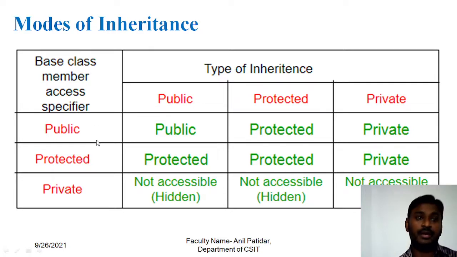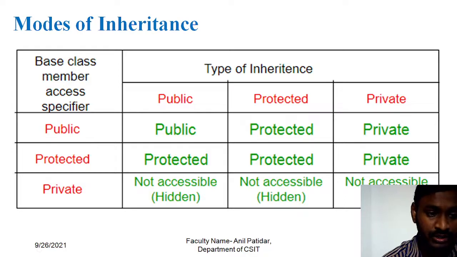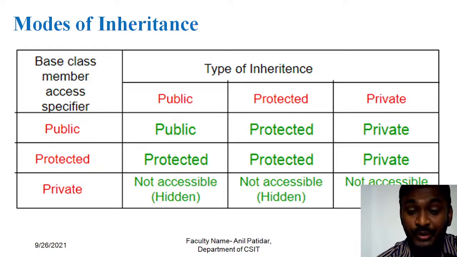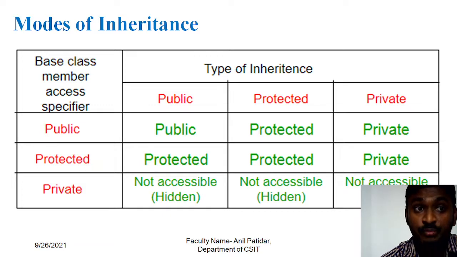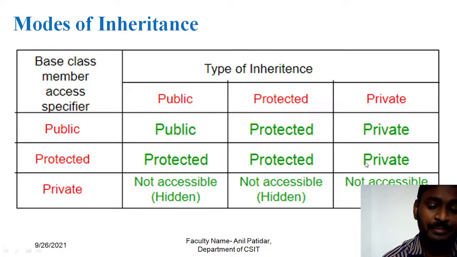Now come to the second type of mode, that is protected. If we derive a subclass from a protected base class, then both the public data members and protected data members are protected for the derived class, and private data members are private for the derived class. Now come to the third one, that is private mode.